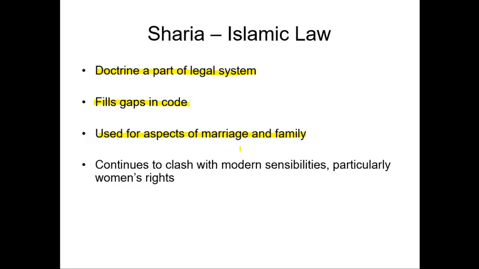Sharia law is even more starting to clash with modern sensibilities, particularly giving equal rights to women, and that's where you could certainly say that it's still in the evolving phases.